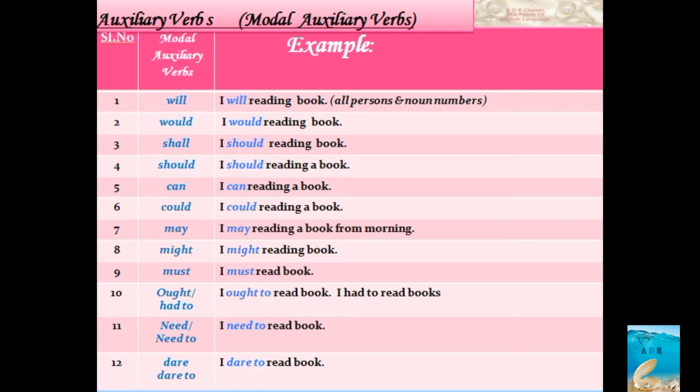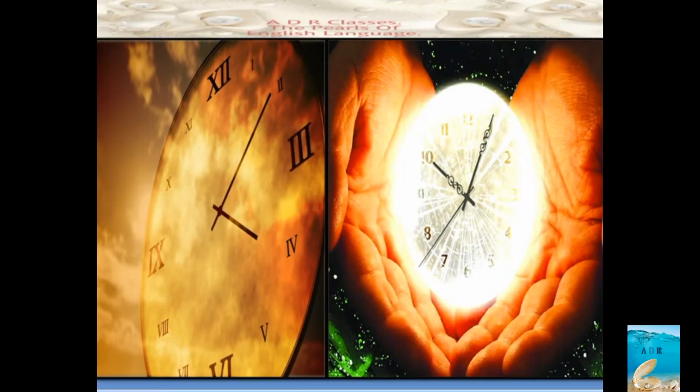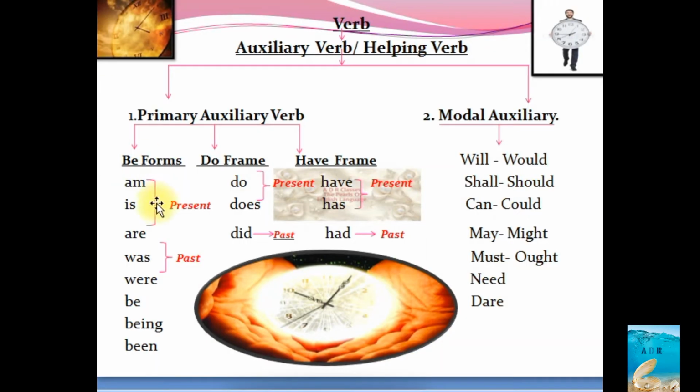Now we are going to deal with the modal auxiliaries in this present video. I have been telling in my previous videos that auxiliaries are basically time oriented. They show how we use time in different sequences.